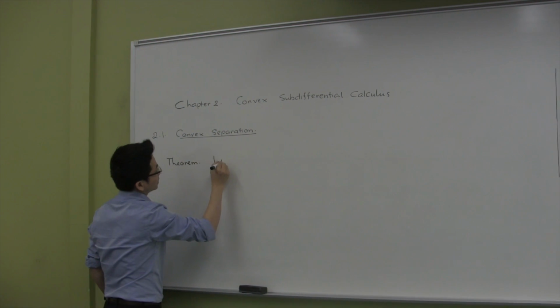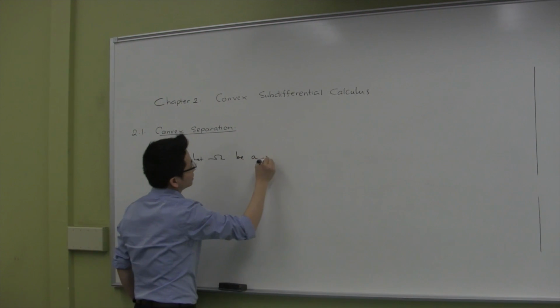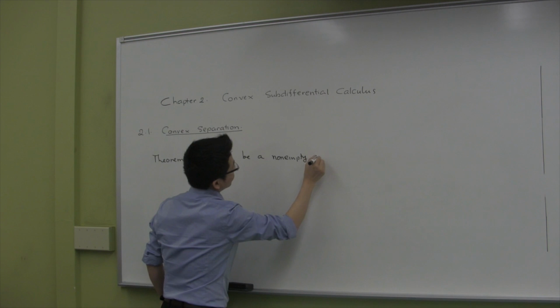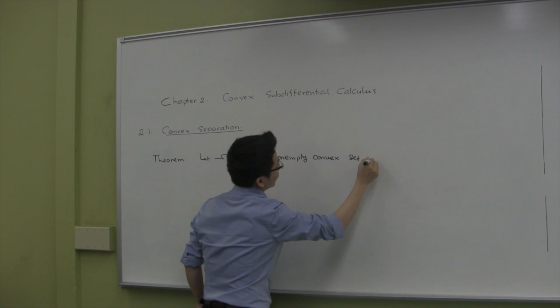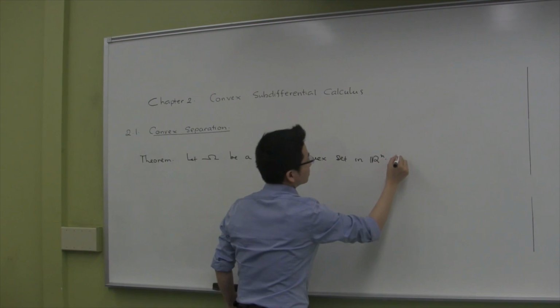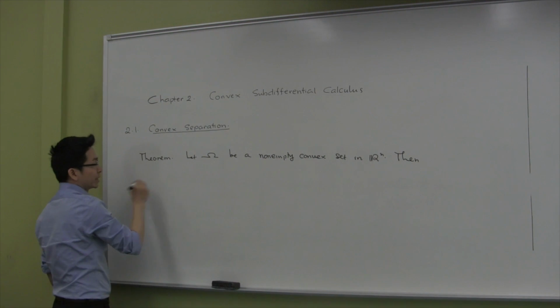Let omega be a non-empty convex set in R^n, then we have the following properties.